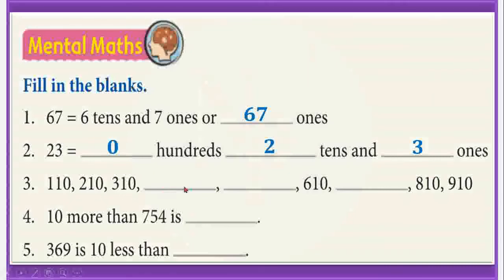So to obtain this number, you have to add 100 to the 310. So what do you get if you add 100 to 310? You will get 410. And when you add 100 to 410, you will get 510. Adding 100 to 510, you will get 610. Again adding 100 to 610, you will get 710. And the next numbers are 810 and 910. So like this, you can complete this number pattern.